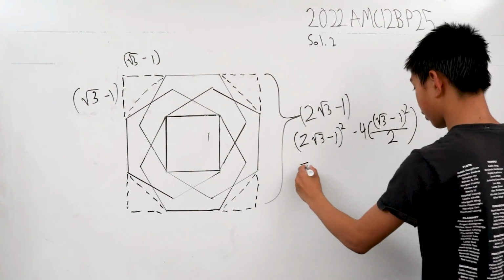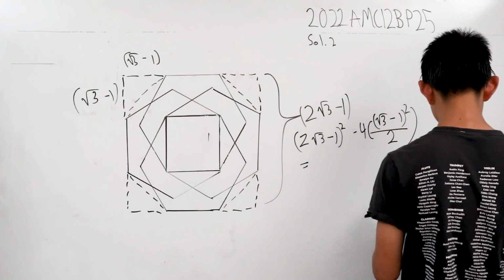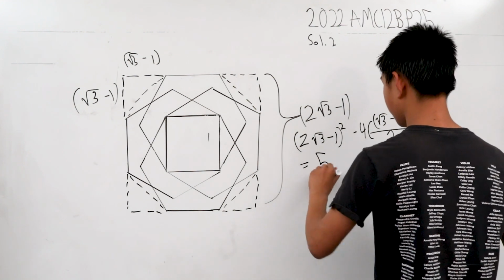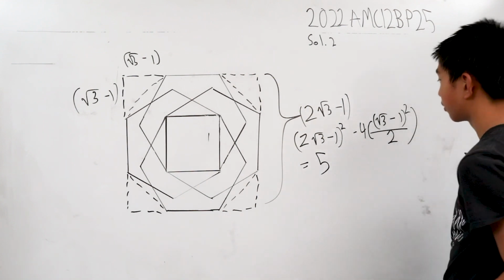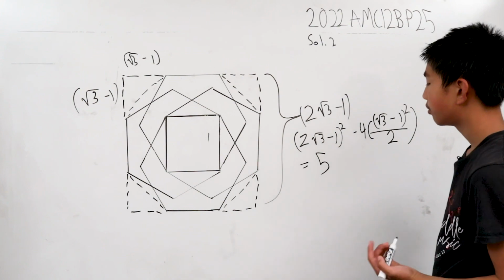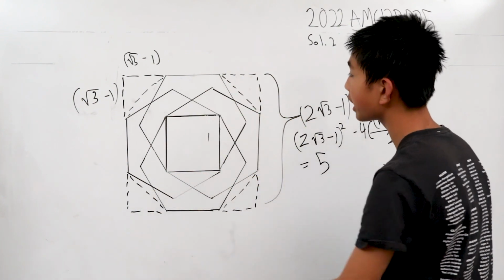Alright, now this basically evaluates all the way down to 5 because these square roots can multiply out. So now we can do 5 minus the area of these 4 small triangles.